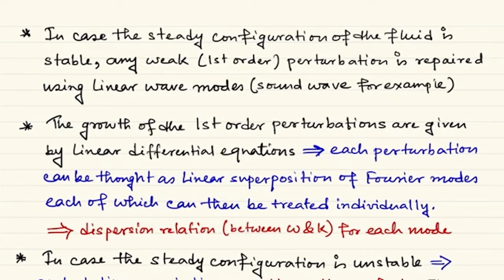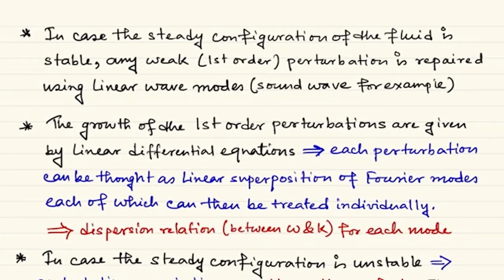The second thing is that we can express the evolution of the perturbation as linear differential equations. That is the method of linearization, which we already introduced in the context of sound waves.